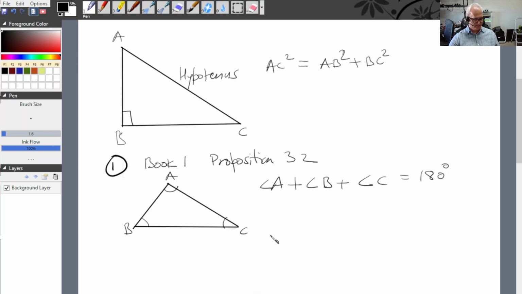So that means if I have another triangle, the sum of these will also be 180 degrees. So this is Euclid's book 1, proposition 32.